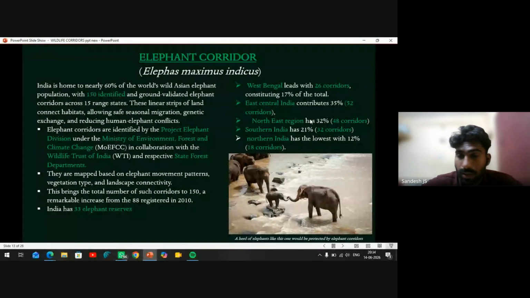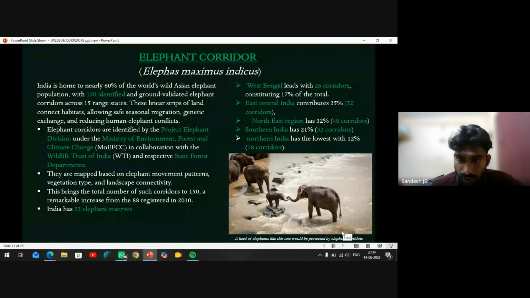East Central India contributes 52 corridors, around 35%. Northeast region has 48 elephant corridors, which is 32%. Southern India has 32 corridors, 21%. And Northern India has the lowest number with 18 corridors.